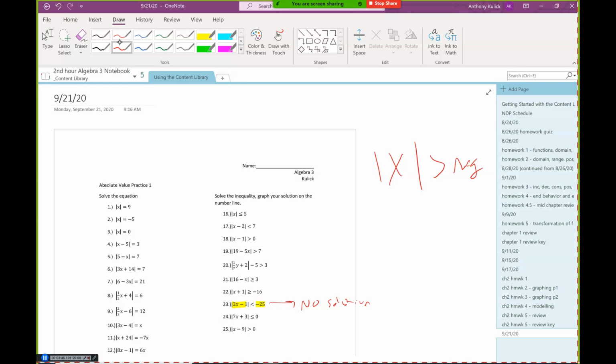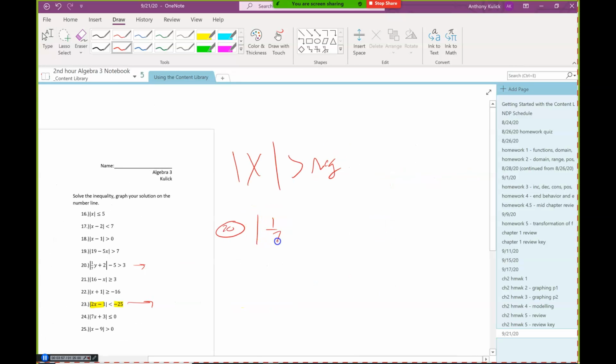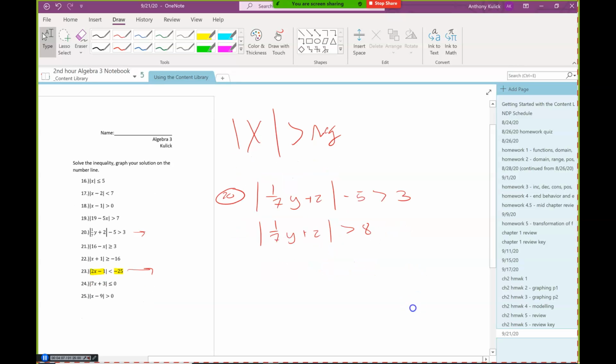Hallie. 20, sure. All right. So I'll start by adding 5 to both sides to get the absolute value part by itself.